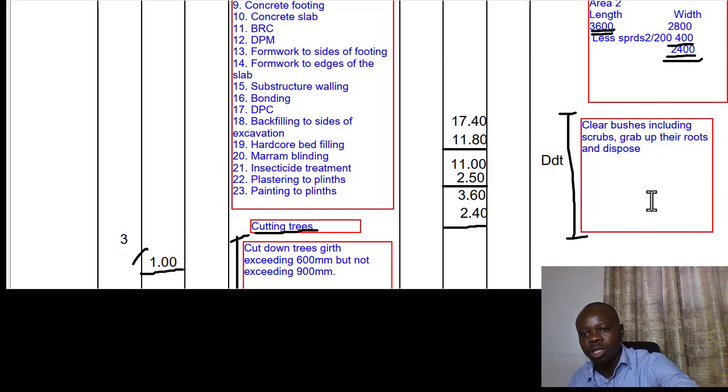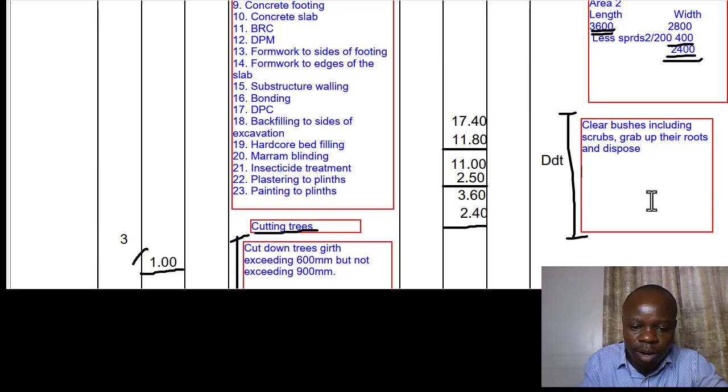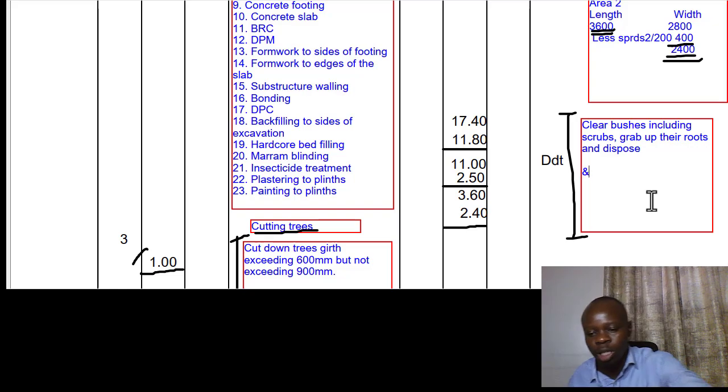description that we've gained with the same quantity that we've calculated for the site clearance is supposed to be also the same dimension that we are going to use in the oversite excavation. It's because the oversite excavation is also supposed to be done in square meters. So when we do it in square meters, we need to ease our work, because this is now the essence of the takeoff.